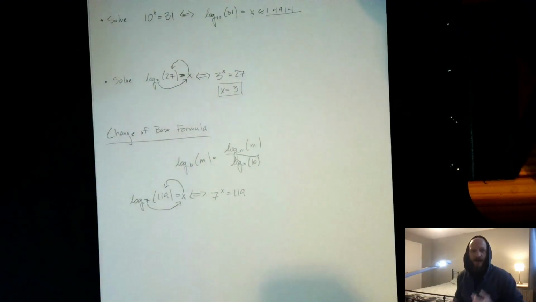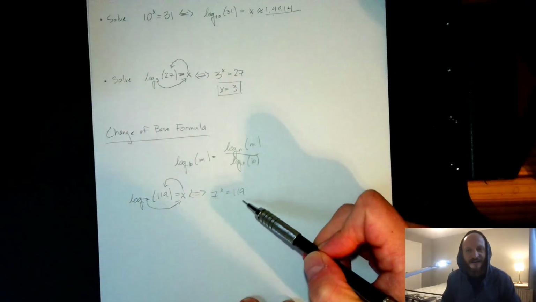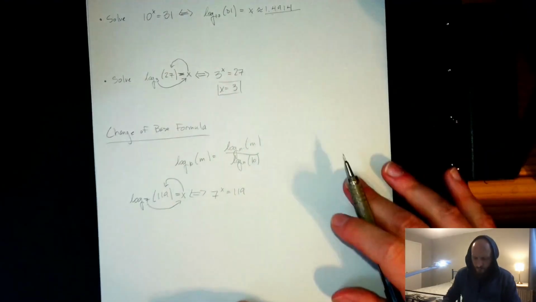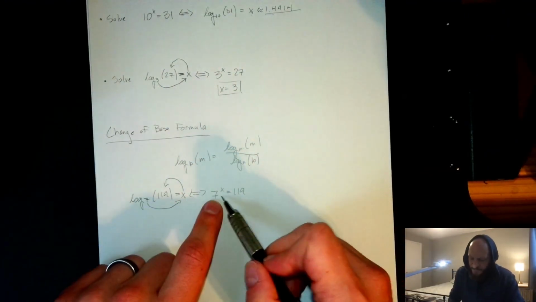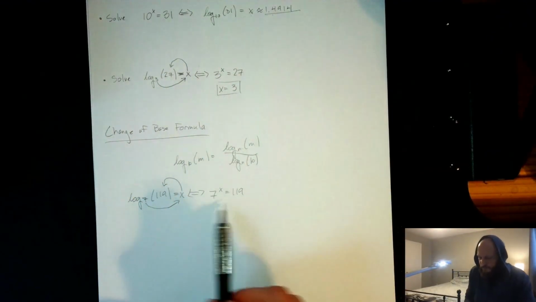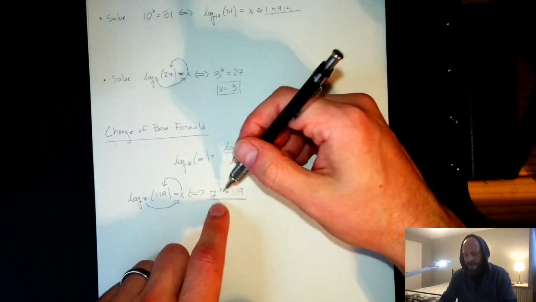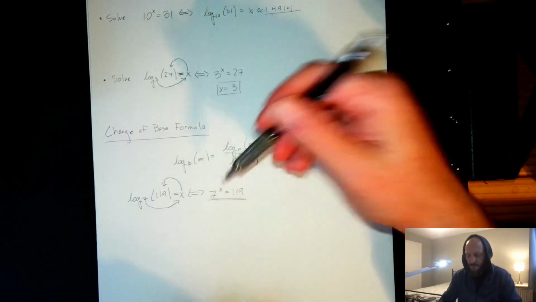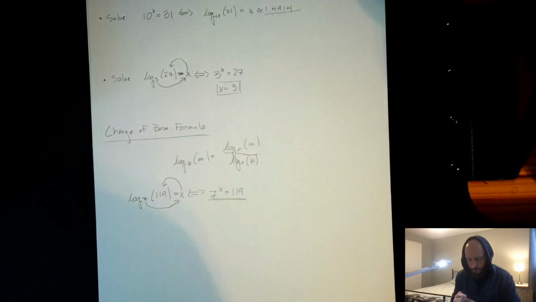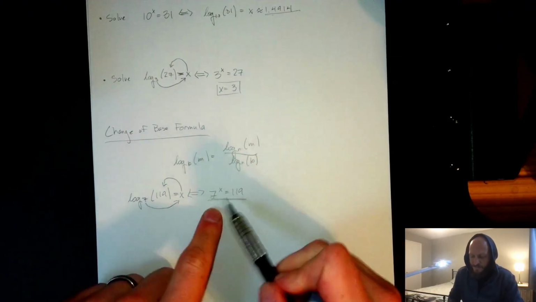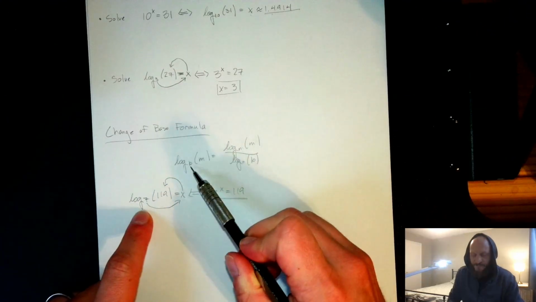And I'll just tell you right now, 119 is not a power of 7. So it's going to be something nasty. But this still is going to be helpful for us, just to make sure we're on the right track. Because when we get to the very end, we can double check our answer with whatever we get for x. All right. So if that doesn't work out, we need to use the change of base formula.